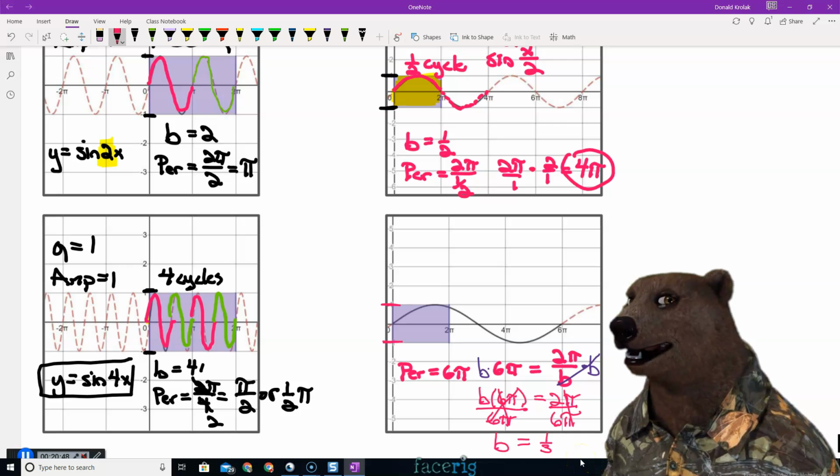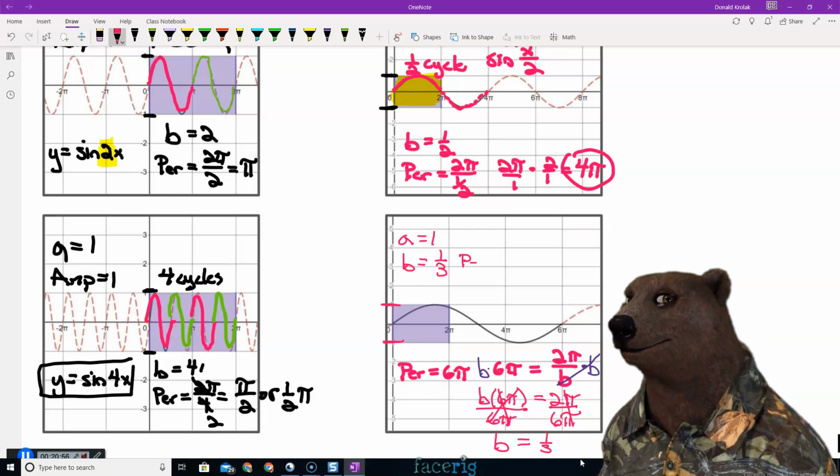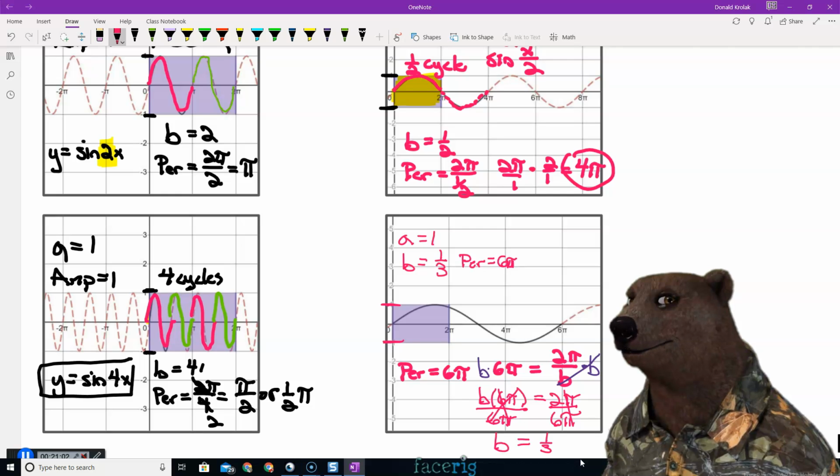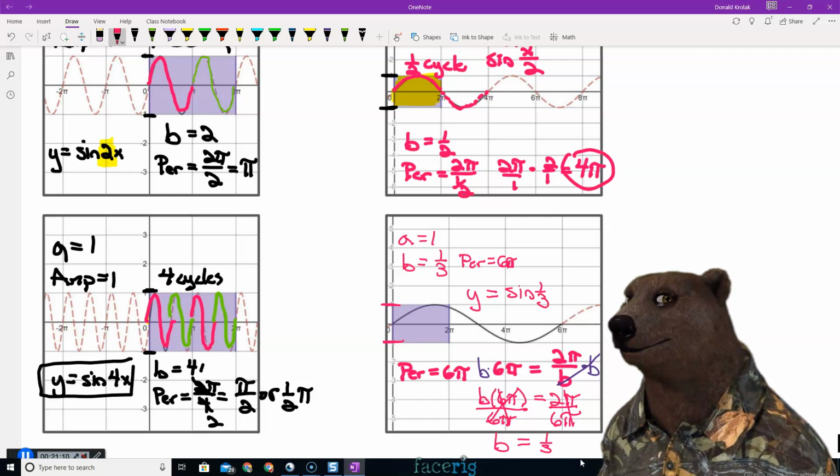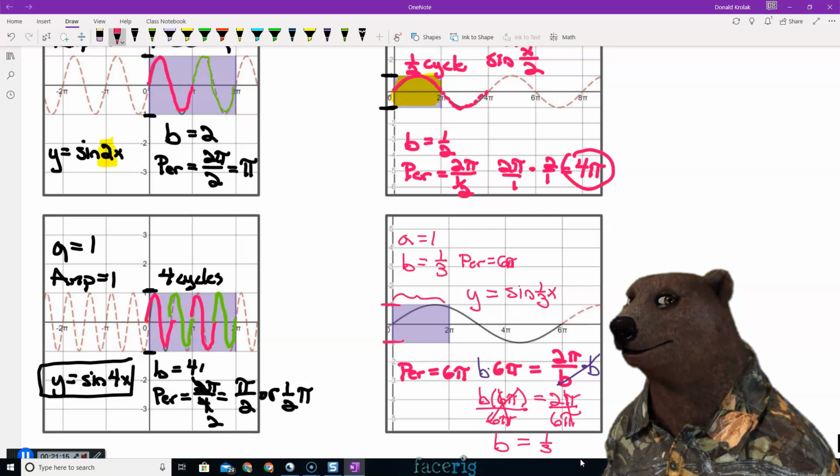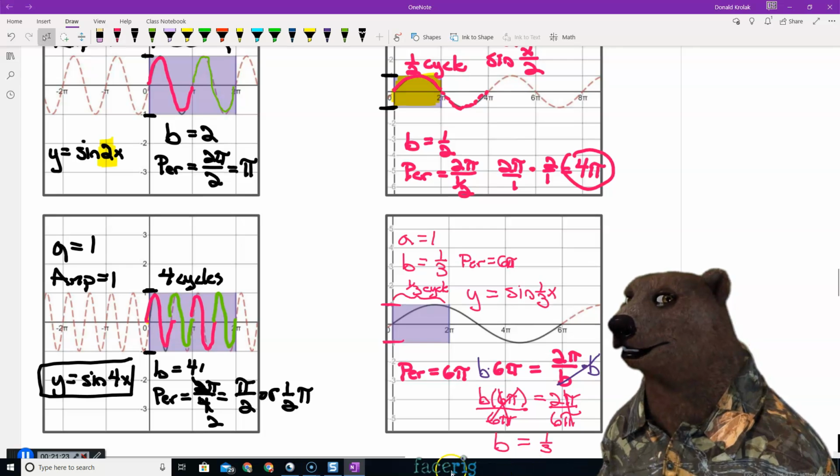So our a value, our amplitude, is 1, and our b value is 1/3. We got that by taking the period and working backwards. So as an equation, this would be 1 sine of 1/3 x. This is 1/3 of a cycle. That's the frequency. We see 1/3 of the graph between 0 and 2 pi.